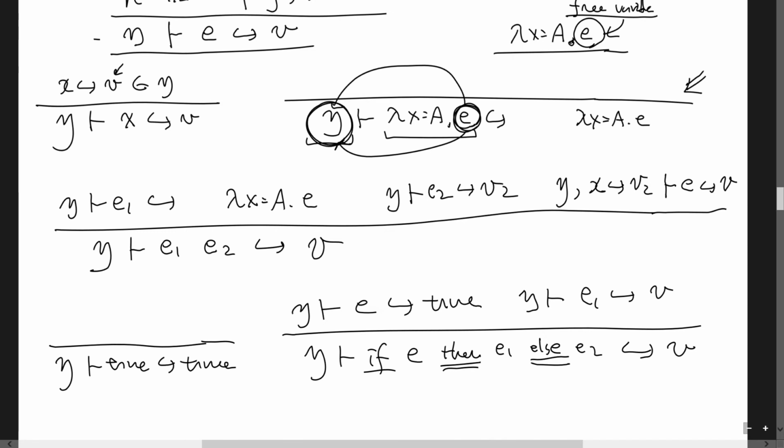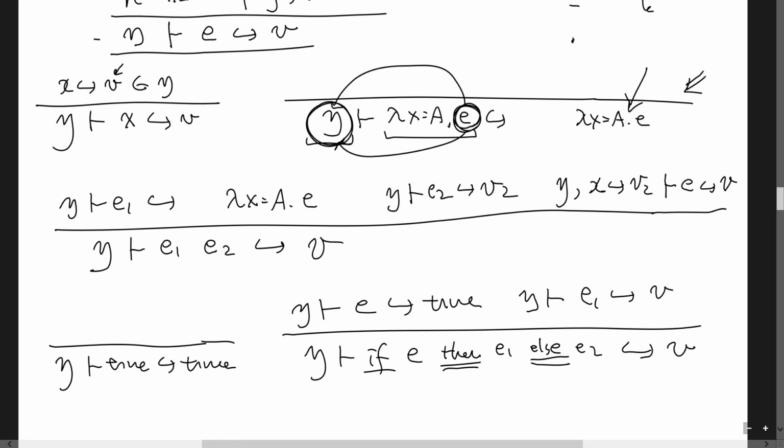So if you just return this lambda abstraction, something is missing. That is, we now lose the access to these free variables. We can no longer retrieve the values for the free variables. So there's something wrong with this rule.